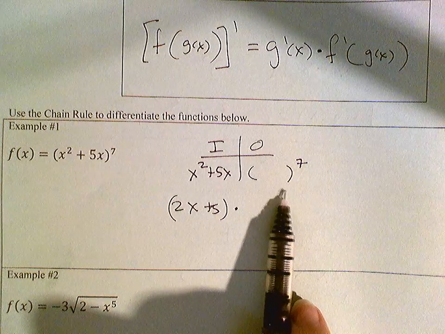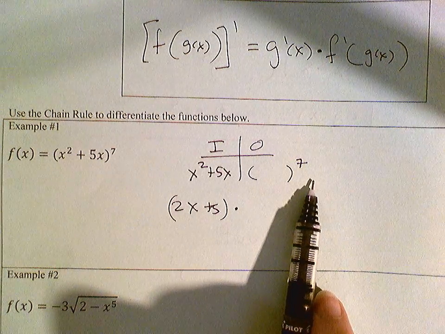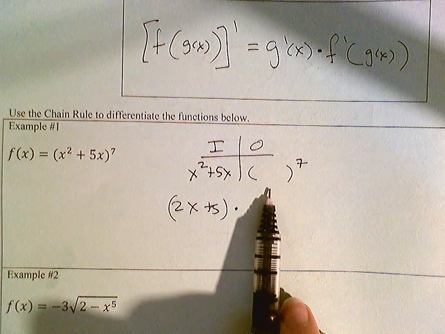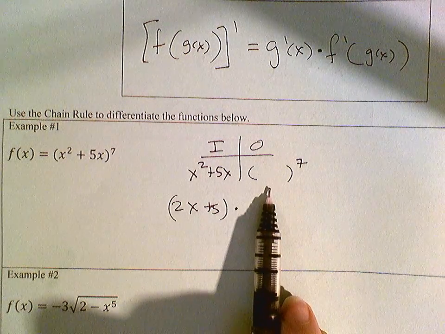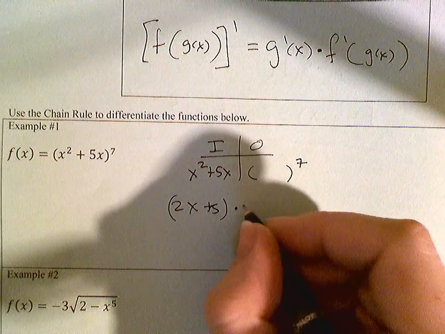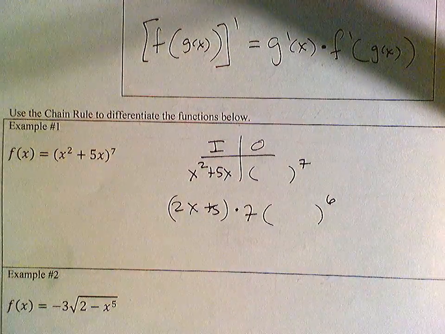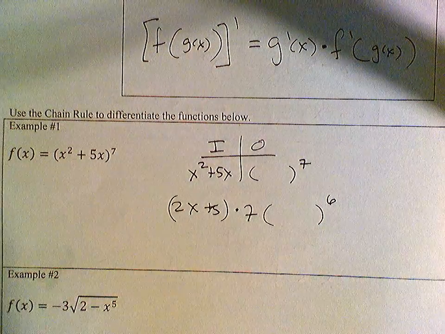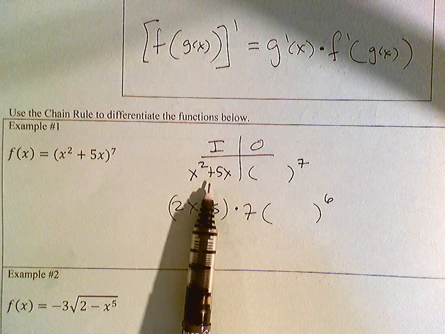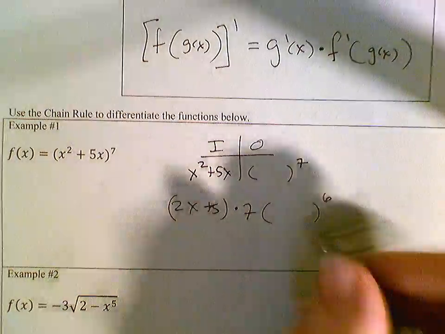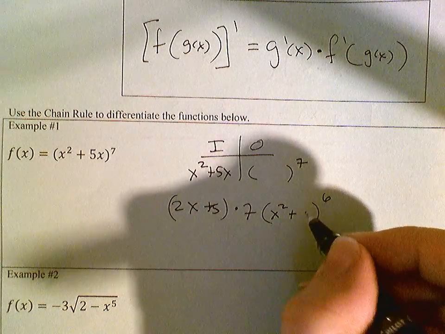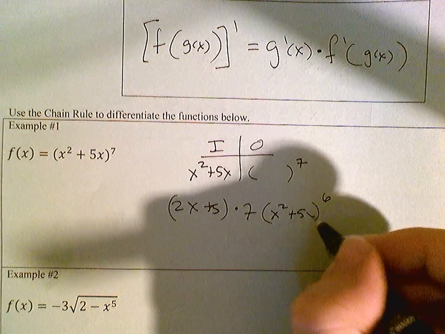Imagine, guys, that this was x to the 7th. You could use the power rule on it. So I'm going to use the power rule on this, except with the blank instead of the x. So I end up with 7 blank to the 7 minus 1, which is 6. And then the original function that was inside has to go back in there. So x squared plus 5x.